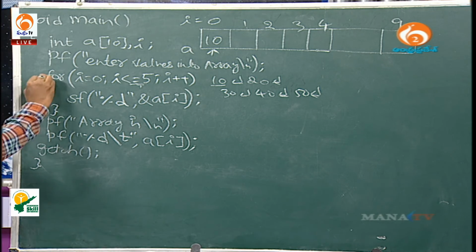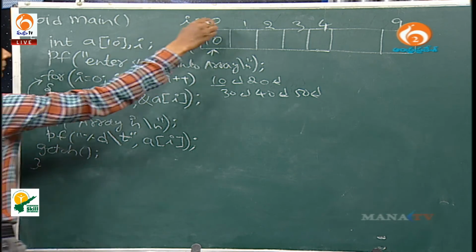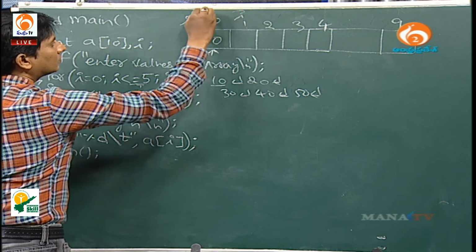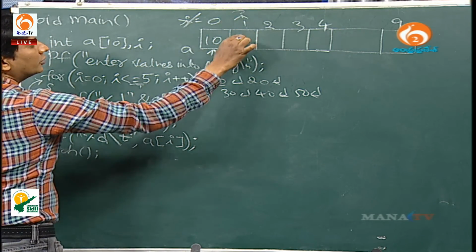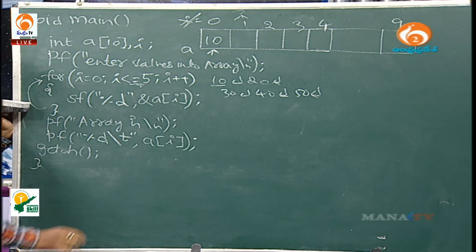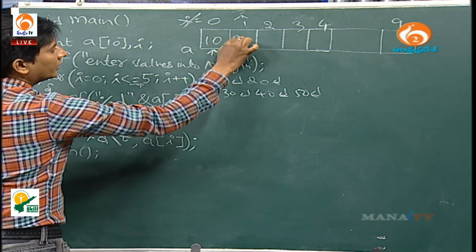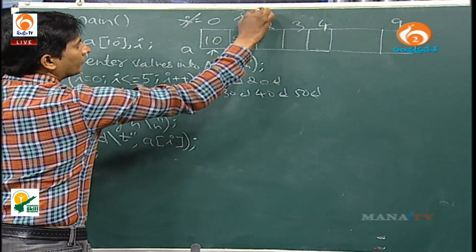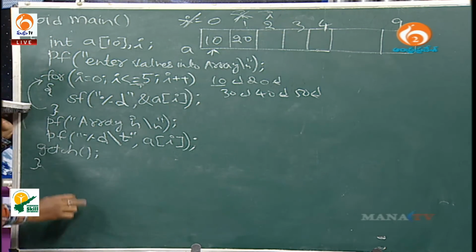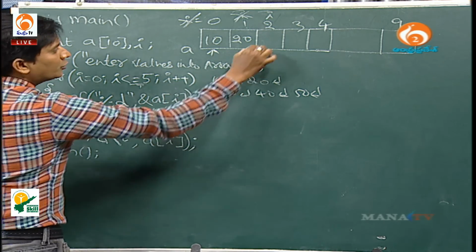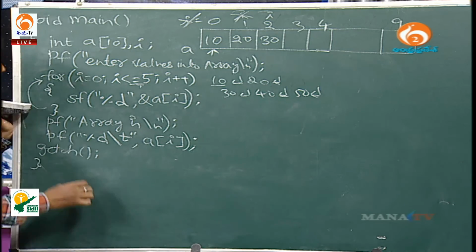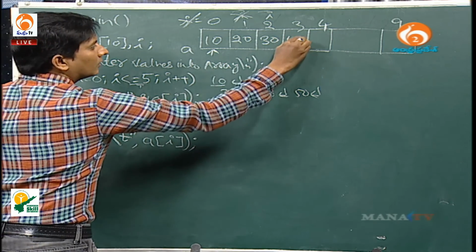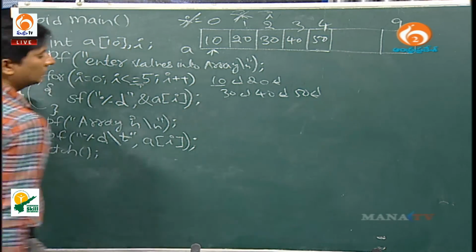Next iteration, I++, I is incremented by 1, now I comes to here. A of 1, 20 is stored here. Next iteration, I++, here A of 2, that is 30 is stored here. Next 40 is read, 50 is read.